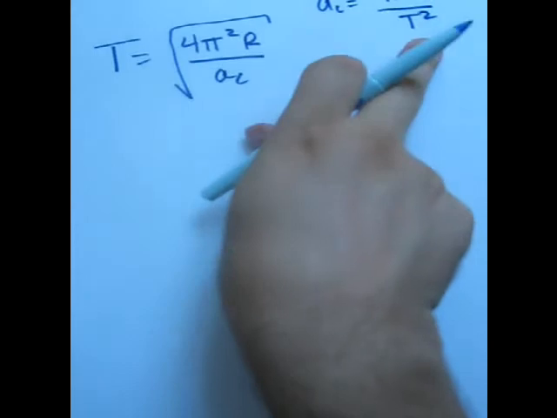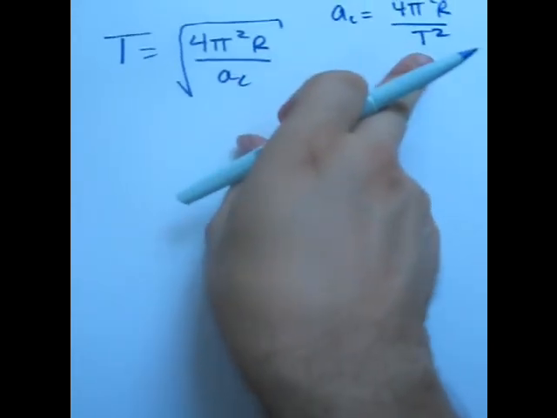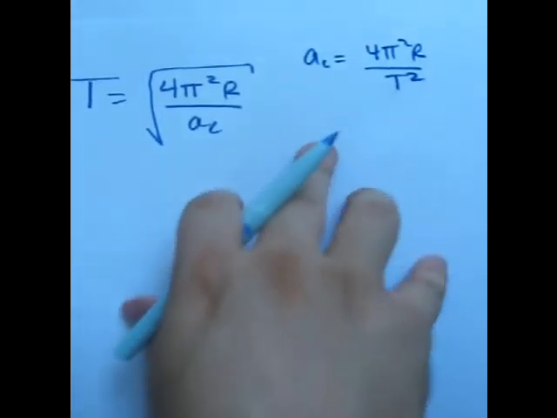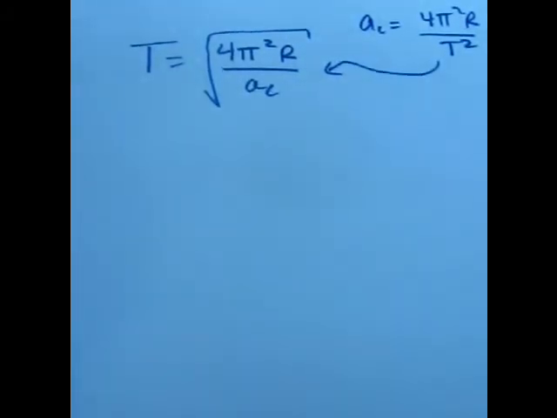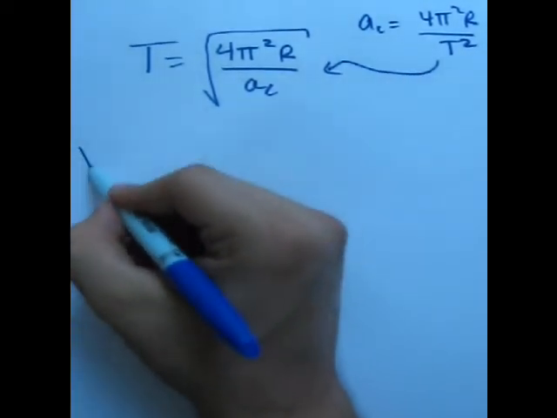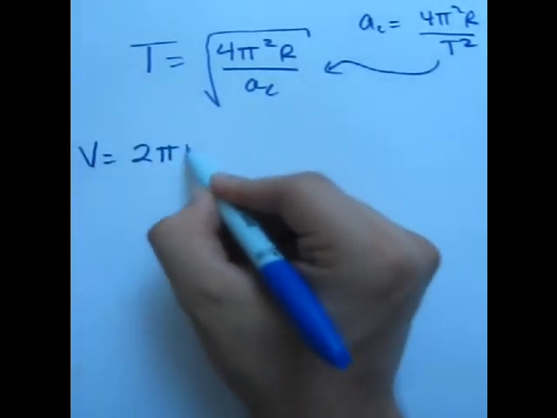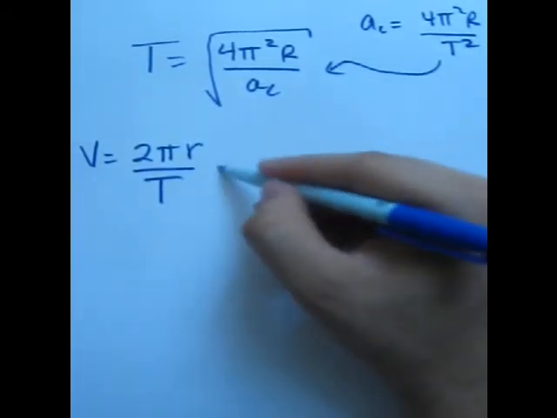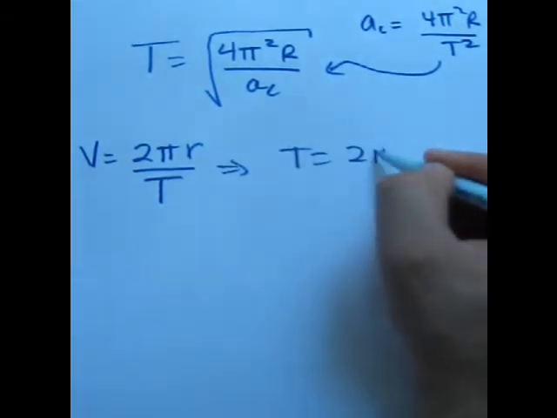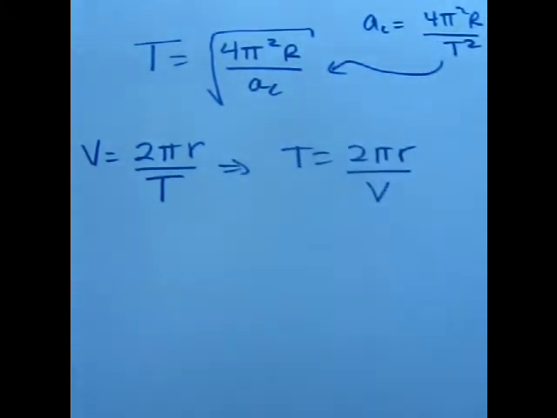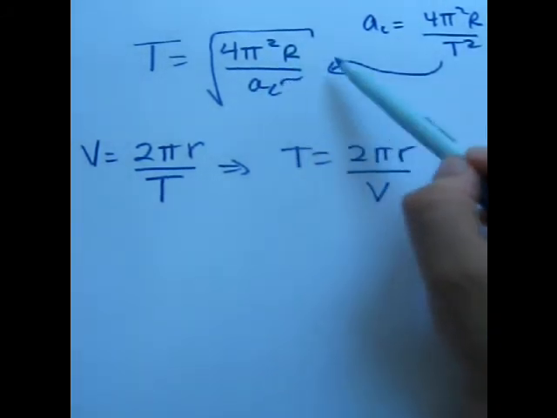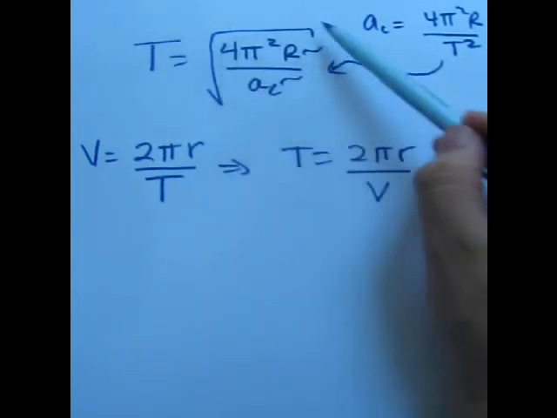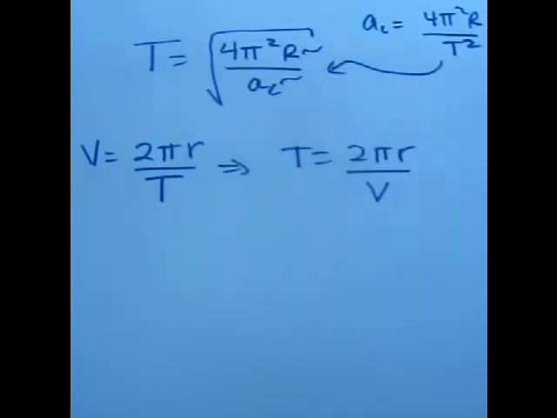So I just put the T on this side, divide by A, and then square root both sides to get this form of T. Okay, so we also remember that we have V equals 2 pi R over T, so that I could say T equals 2 pi R over V. Now, in this equation right here, we have A and we have R, but then we have this square root there that's probably bothering us.